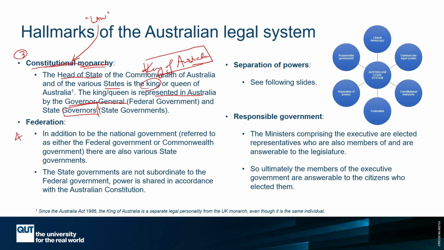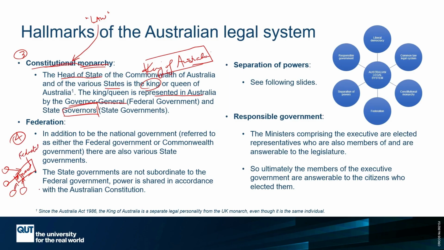The fourth key thing that we need to recognise is that we're a federation. So Australia was not initially set up as a single country of Australia. What it actually was, was a series of independent areas, the colonies of the time, and they all came together and agreed to become a country. They federated.